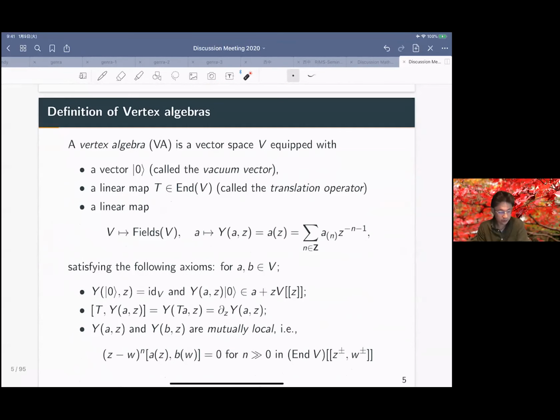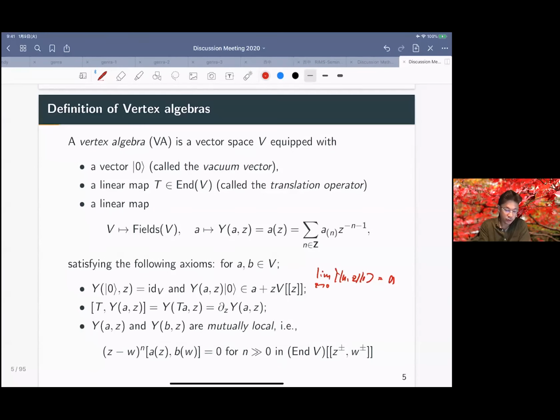There are three axioms. One is for the vacuum vector. The image of the vacuum vector by this map must be the identity operator on V, and if you apply any Y(a,z) to the vacuum vector, we get something in this affine space. This means that if you put z equals 0, we recover this vector a.